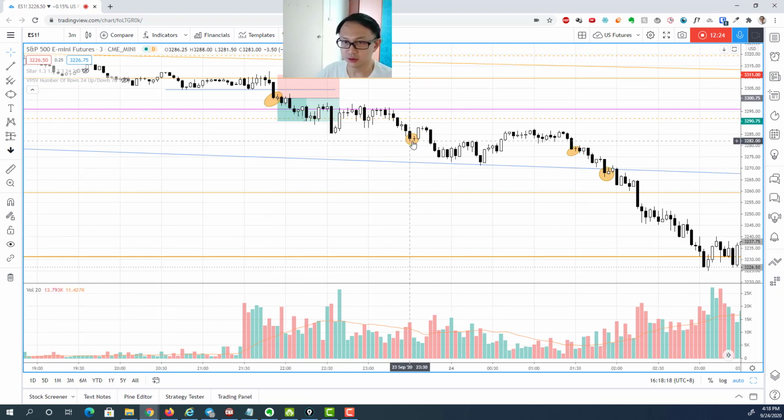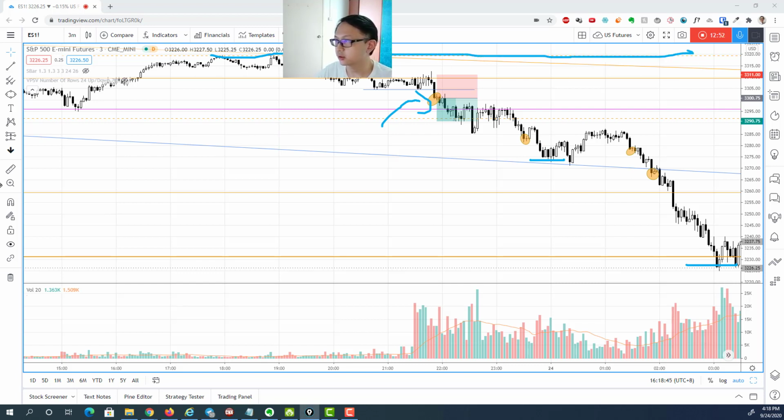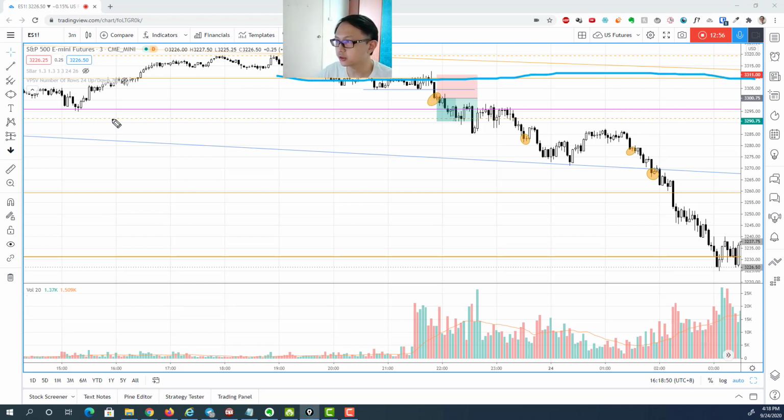On the high side, I think there are quite a number of possible short entries as well. This is definitely the first one, and depending on how you manage your trade, you probably can ride it down to here, or even all the way down to the lowest point. But let me highlight this trading range. Sorry, the trading range should be this orange solid line. This is the trading range.